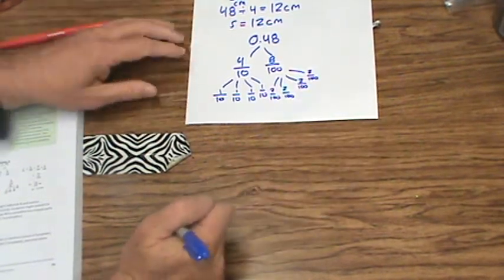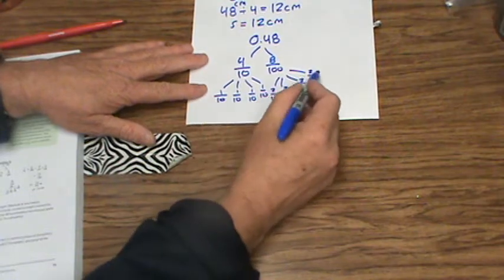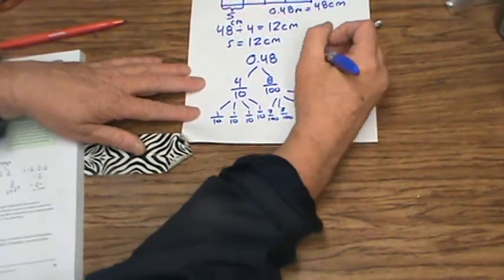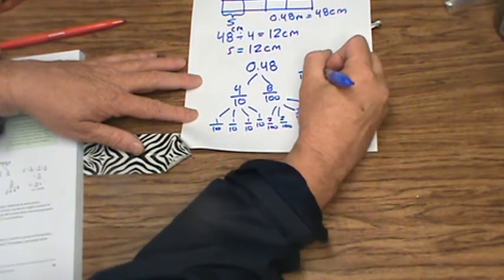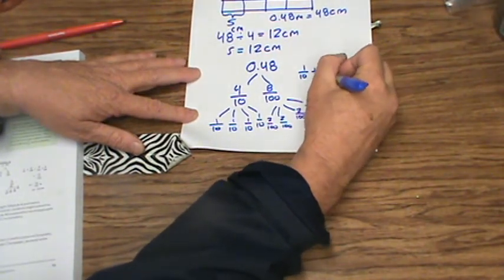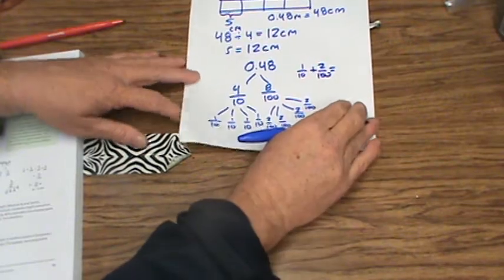So we have that there. Then all we would have to do, since we've divided in 4, we would just have to go 1 tenth plus 2 hundredths. Remember from yesterday, what would that equal?